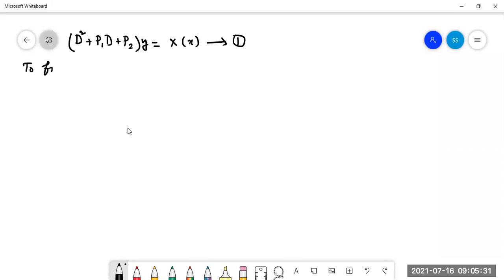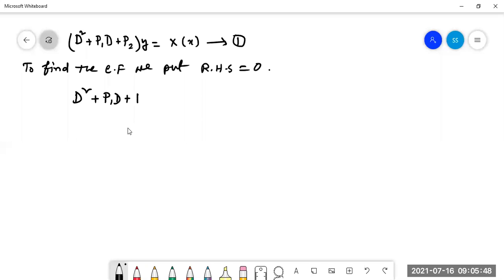So to find the CF, we put the right hand side equal to 0. Then the given differential equation becomes (D² + P1 D + P2) y = 0. This is equation number 2.